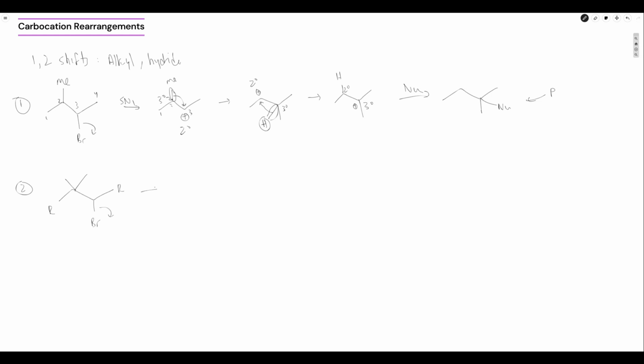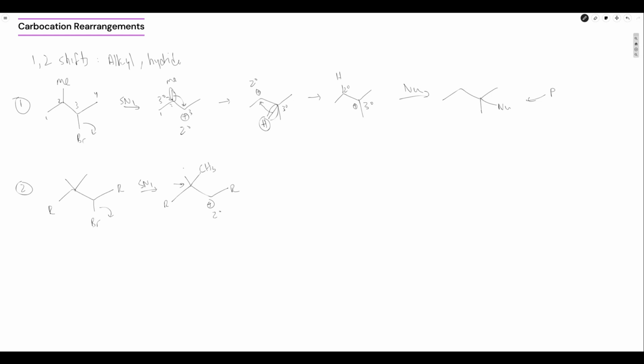And of course, SN1 means we get a carbocation, secondary. And if you look closely, you'll see that this is a quaternary carbon center. But if one of those alkyl groups moves, then there is the potential to have a tertiary position for a carbocation. And that's precisely what happens.